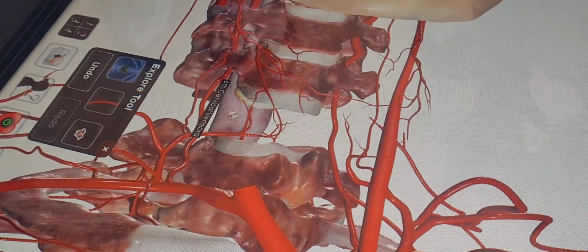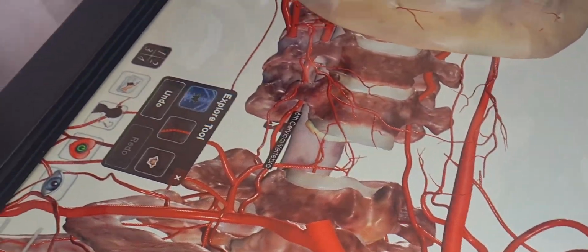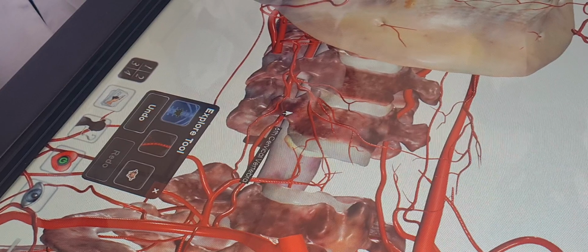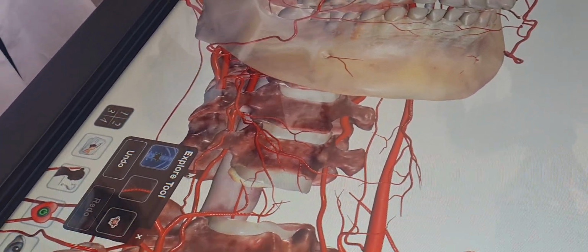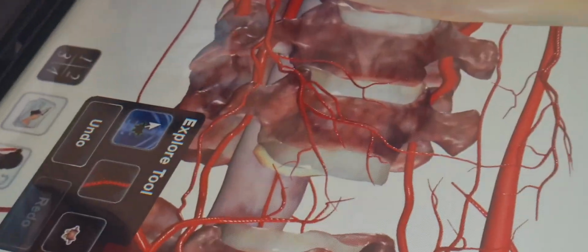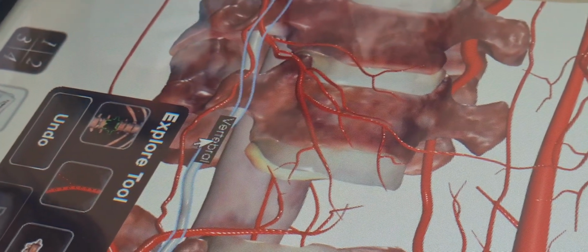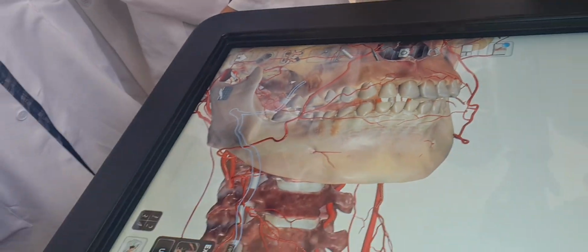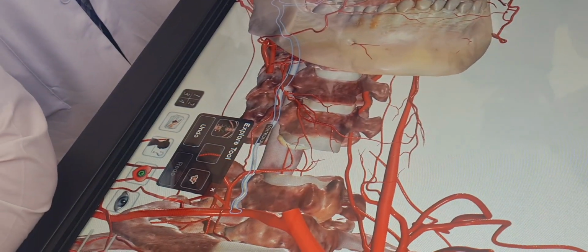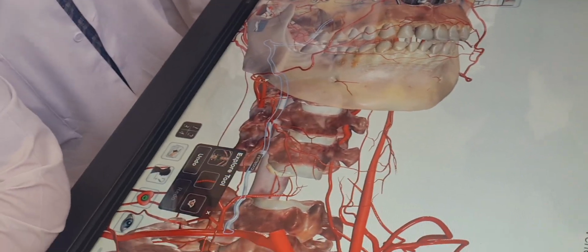Look here, I removed 6 cervical vertebrae. It passes through transverse process. Is it clear? Okay, that is arteria vertebralis. And next we will see how it joins together with the artery in the skull.